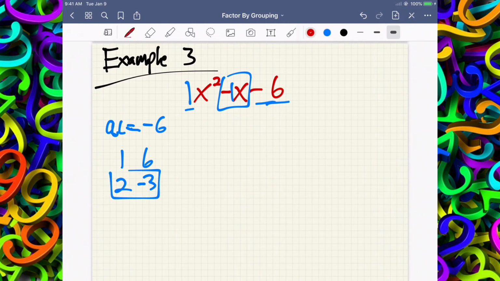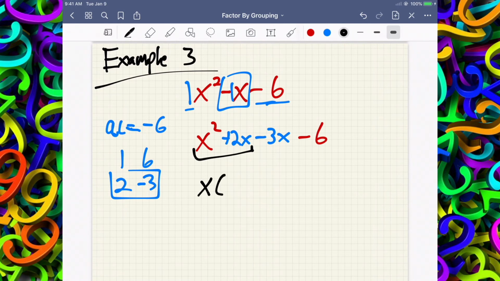So let's do our split. We'll rewrite our problem with our middle term, bx, split into 2x and negative 3x. Now we're going to do our grouping. We see there's a common factor of x. We factor those.